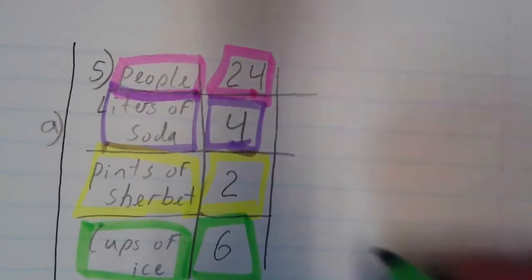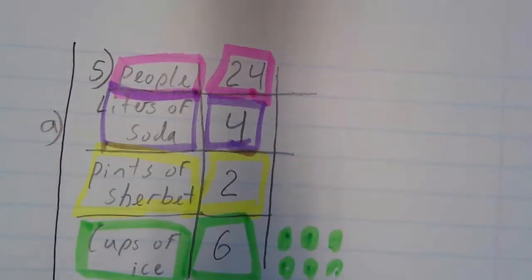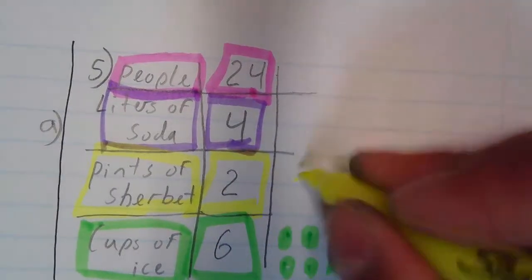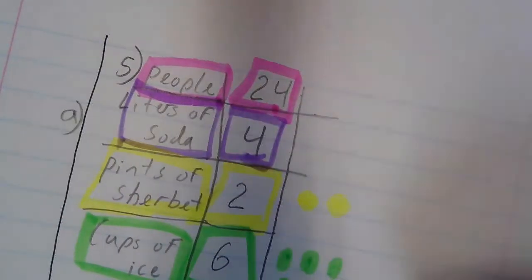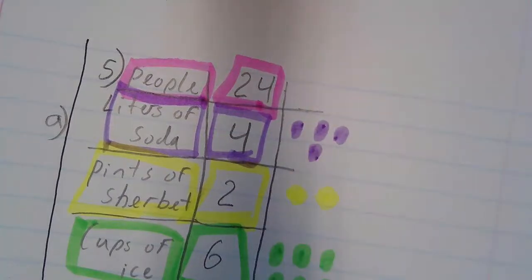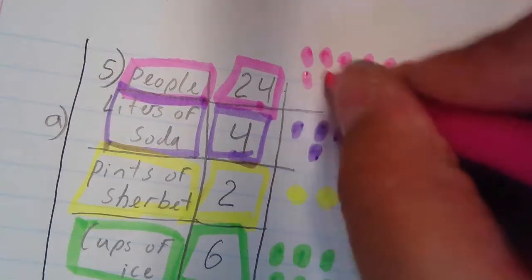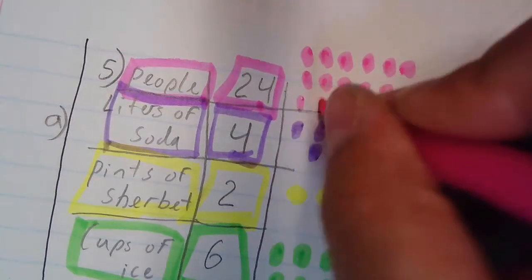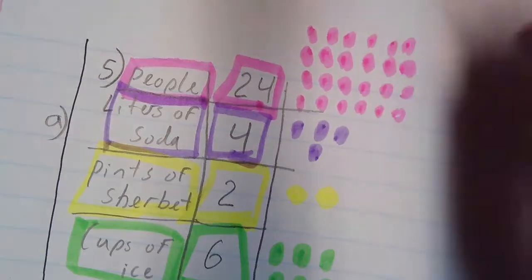Okay. Here we go. 1, 2, 3, 4, 5, 6. That was easy. I love that one. 2. 1, 2. And then purple. 1, 2, 3, 4. And then finally pink. This is the one that's going to hurt. 1, 2, 3, 4, 5, 6, and so on in groups of six.